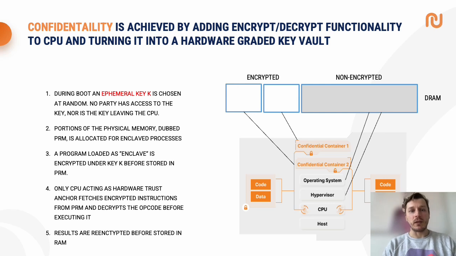This is called an enclave in terms of Intel SGX. And here the assumption is that the CPU is a trust anchor. So we really assume that the CPU, which holds, for example, the encryption and decryption keys, acts like a trusted anchor, and keys are not extractable from the hardware. This is the base assumption.